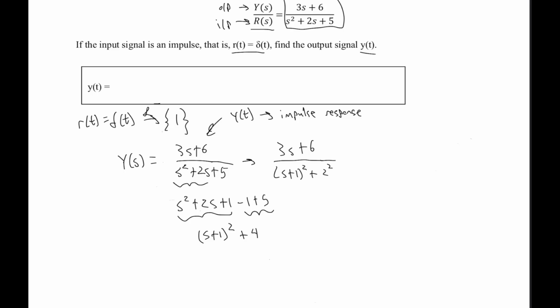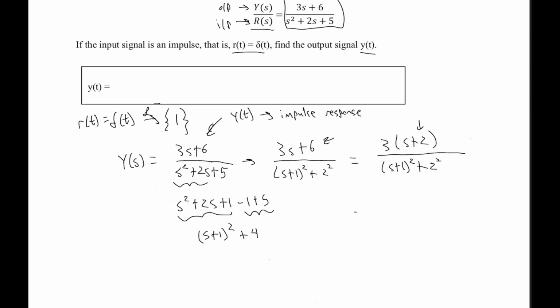Now we have to mess around with the numerator to get it in a form like (s + 1) plus some other constant. So what we're going to do is factor. We get 3 times (s + 2) over (s + 1)² + 2², right? Let's break this s + 2 into (s + 1) + 1.